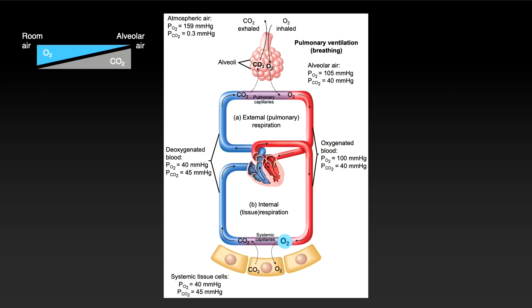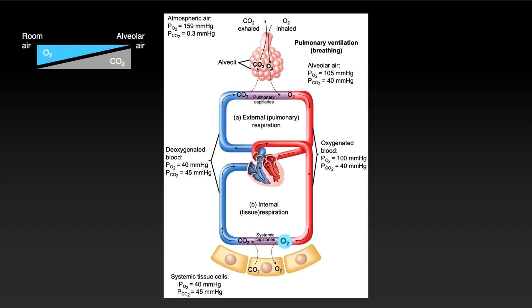Now, depending on which cells you're referring to, these values can change. These values are representative of a normal cell with an active basal metabolic rate, a liver cell, a brain cell, a muscle cell.